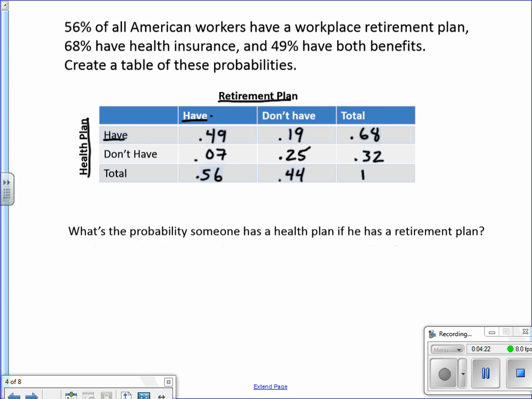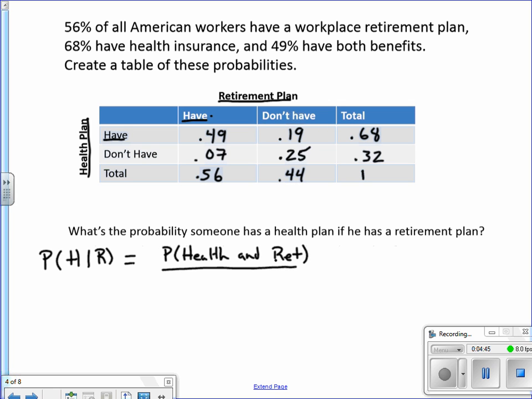So, real quick reminder about conditional probability. What's the probability someone has a health plan given that they have a retirement plan? So this goes back to what we discussed in class today. Recall the conditional probability. This would be health and retirement over the probability that someone has a retirement plan.